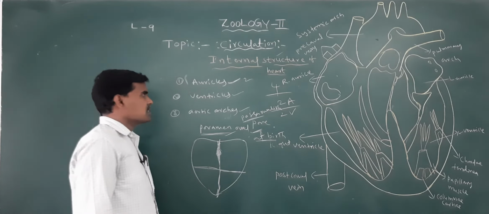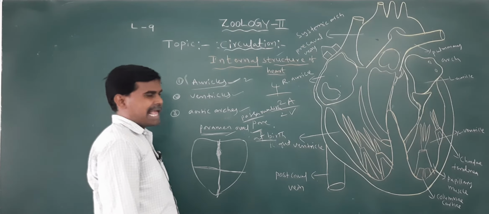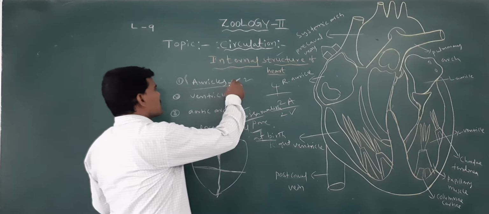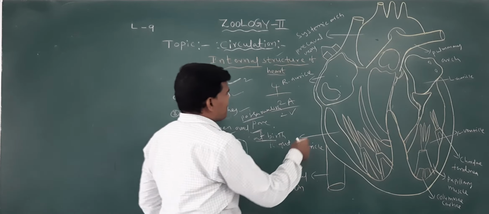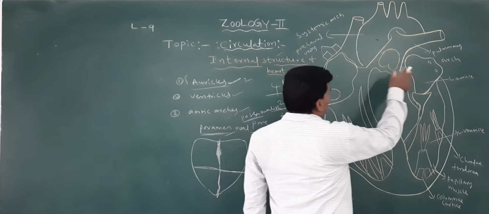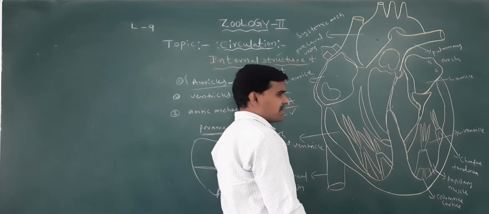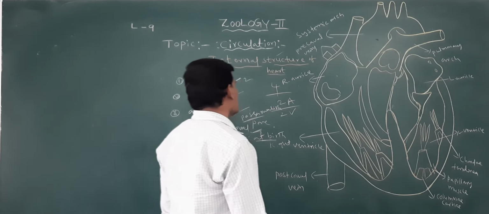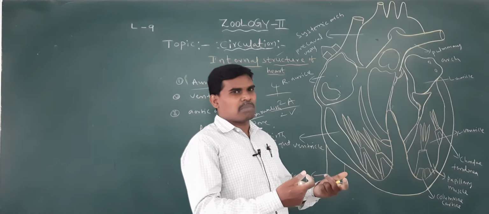The auricles are the two upper, anterior chambers of the heart. The right auricle is bigger than the left auricle. The auricle walls are thin. Are the auricles receiving chambers or pumping chambers?